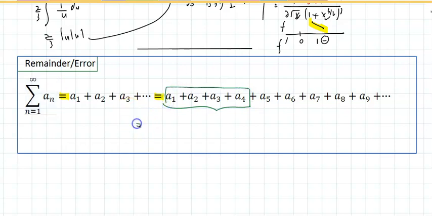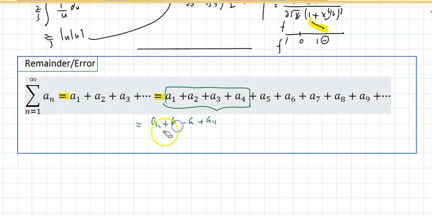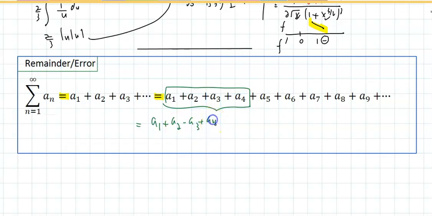Let's say I said this series is a sub 1 plus a sub 2 plus a sub 3 plus a sub 4. That's it. And I stop right there. So this series, and I'll do an example and show you how that works and why that works. I just want to add the first 4 terms, and I'm going to say that's what this infinite series equals.